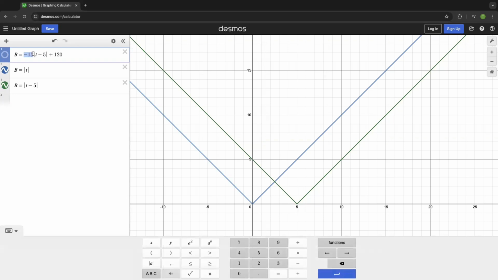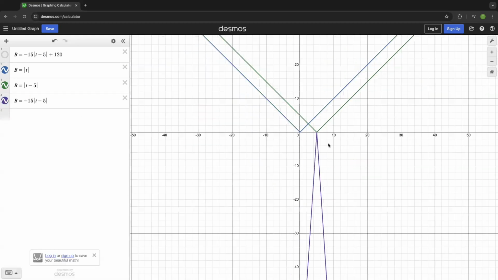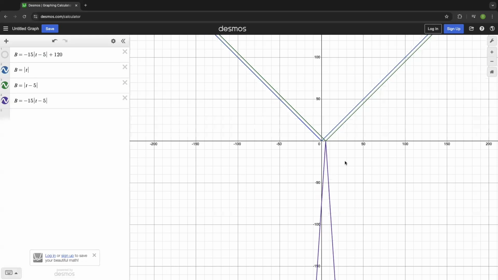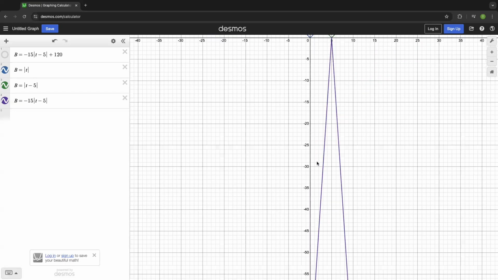Now the next thing I'm going to do is account for the transformation at the front, the -15. I'm going to put the -15 in front of the whole thing. What that does is, firstly, because it's a negative, it reflects the graph across the x-axis, and then it also narrows the graph by a factor of 15. As you can see here, the graph has become a bit narrower.